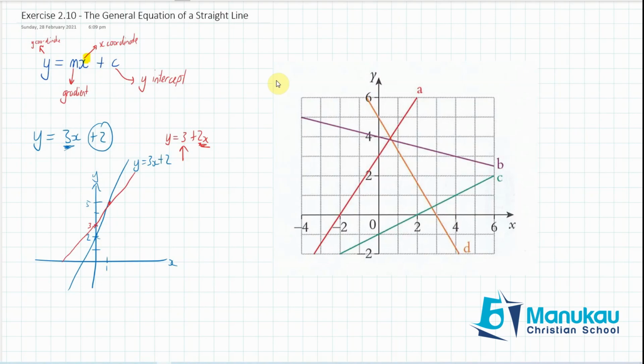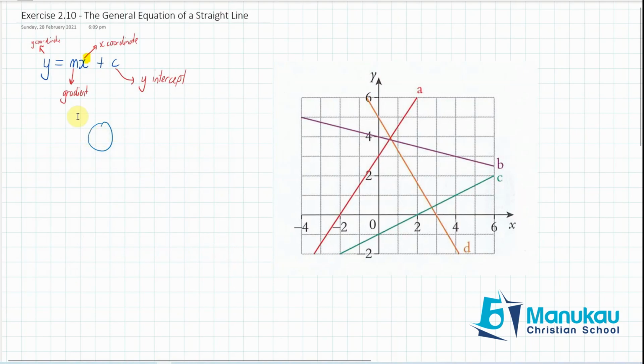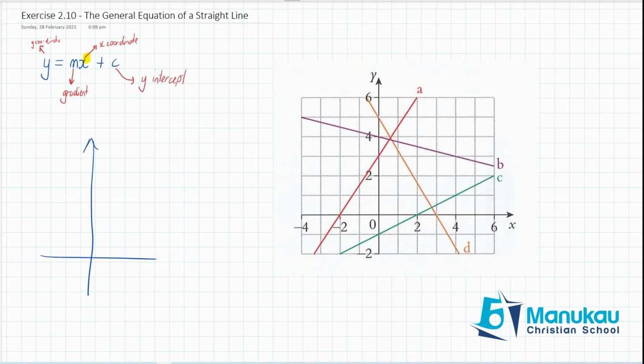Okay, let's just clear that space and try a couple more just to give you an idea of how this works. Let's say I've got another coordinate plane here, and let's say I have to graph maybe 2y equals 3x plus 4.